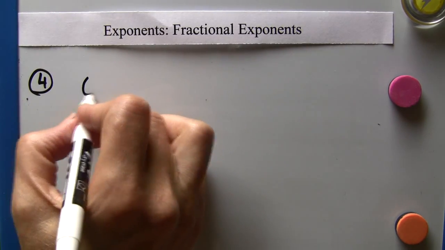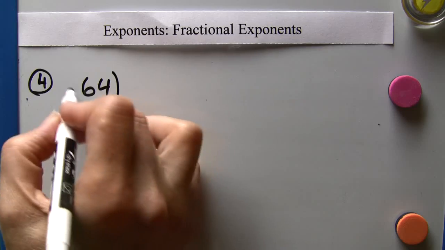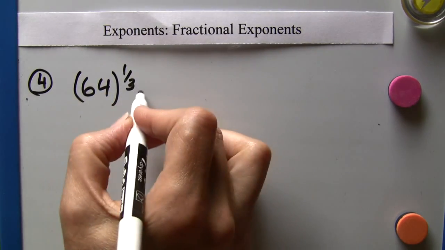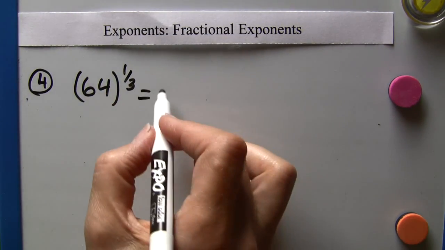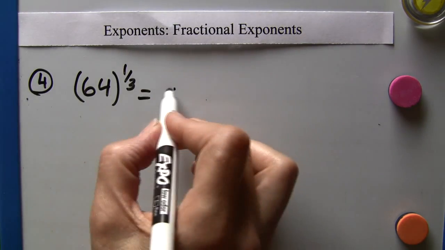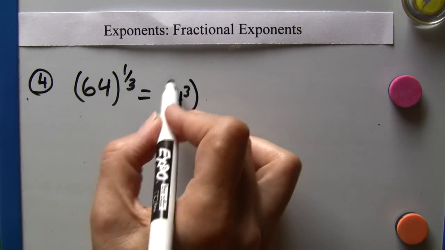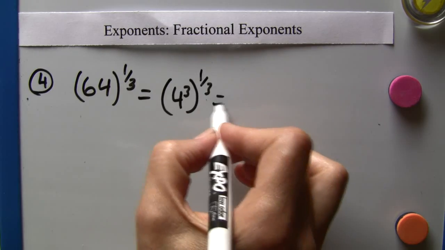If we have 64 to the 1/3 power, that's the cube root of 64, which is like saying, well, 64 is 4 cubed to the 1/3. That equals 4.